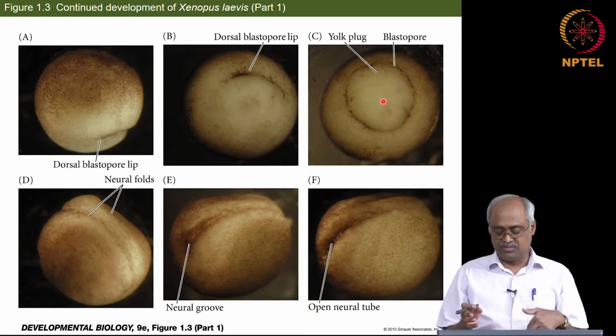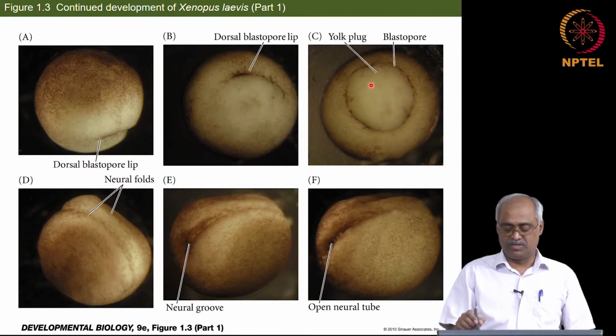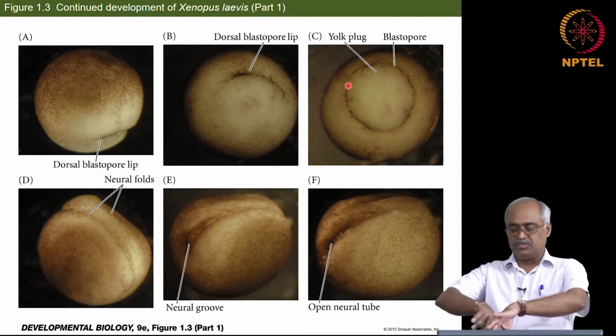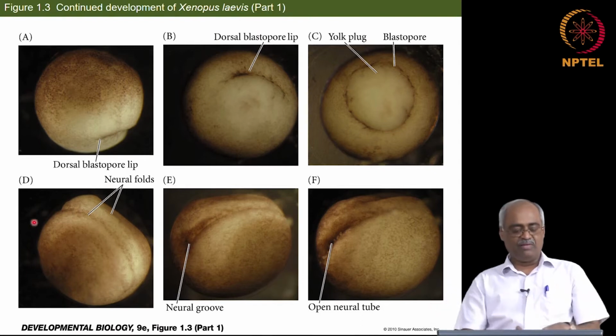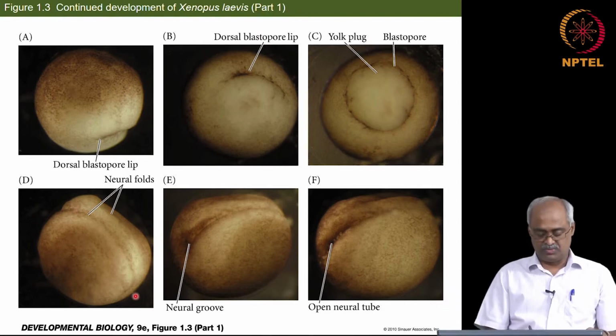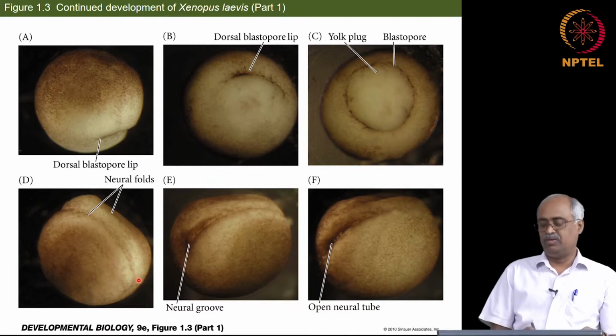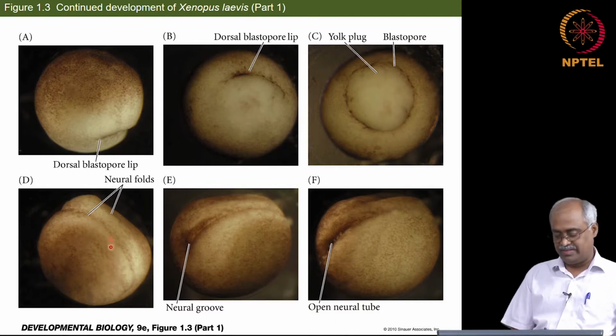So, next movie when we are able to play, you can see this process happening, and once this ends, you have another depression that forms, which is going to be called the neural fold. You can see two mountainous ridge like structures forming and a depression in the center. Okay.